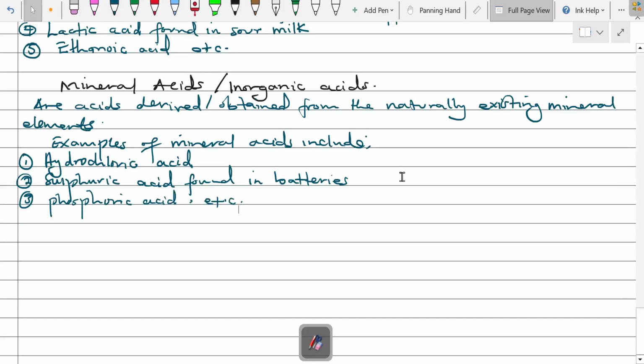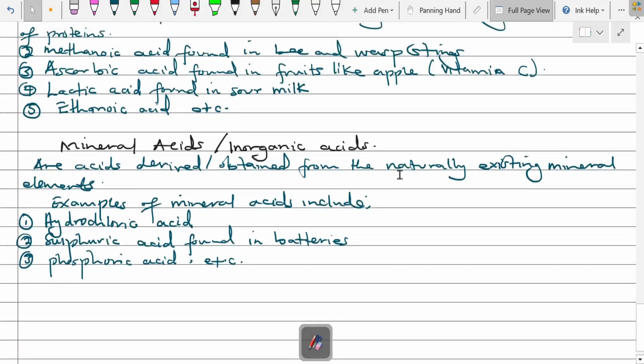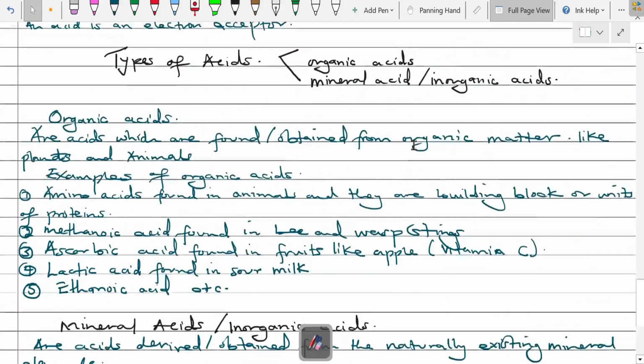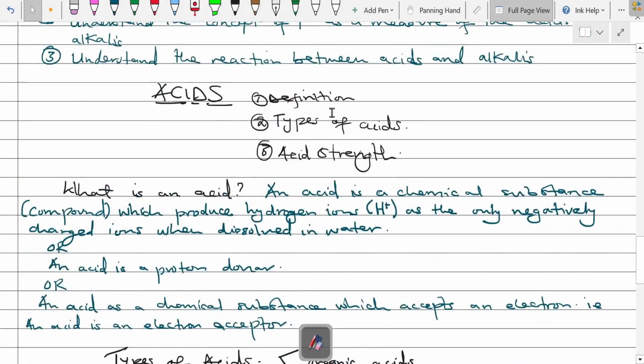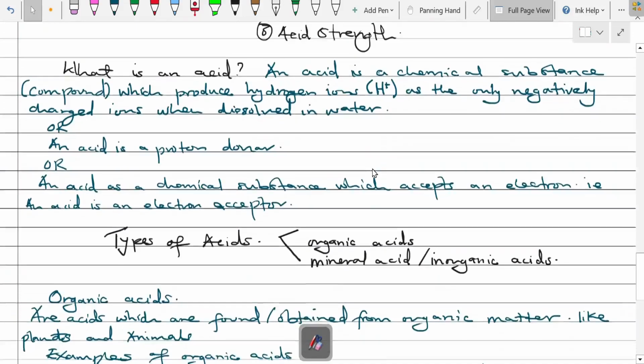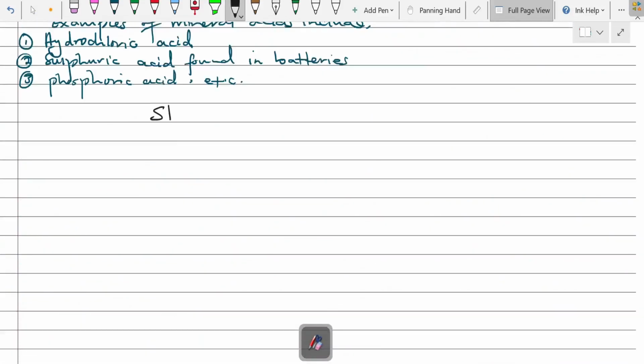So having talked of the two types of acids, let's talk of the strength. As I said, we are going to talk of the definition of acid, types of acids, and then the acid strength. So you can say strength of acids.